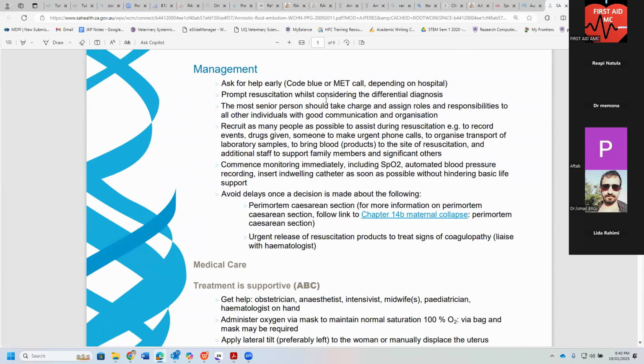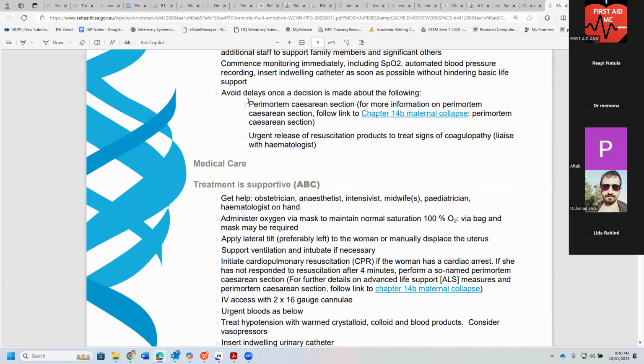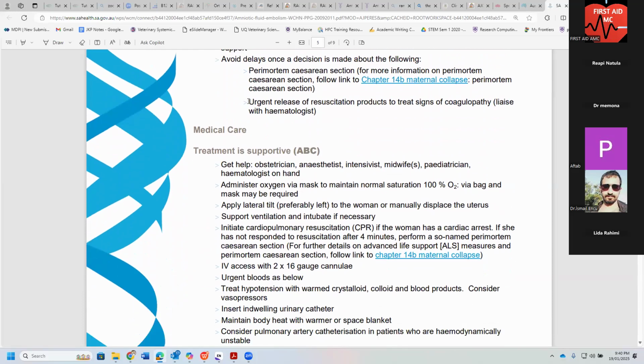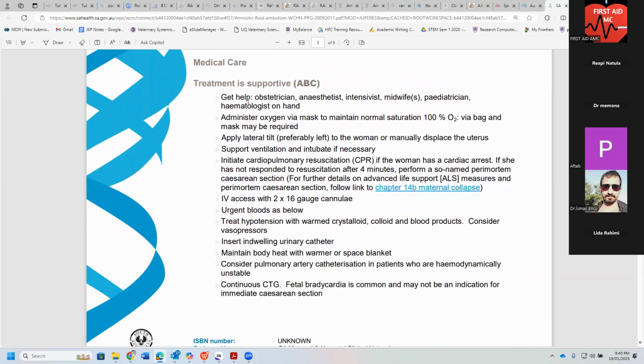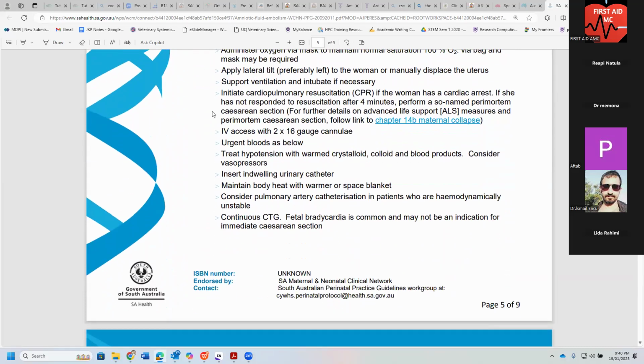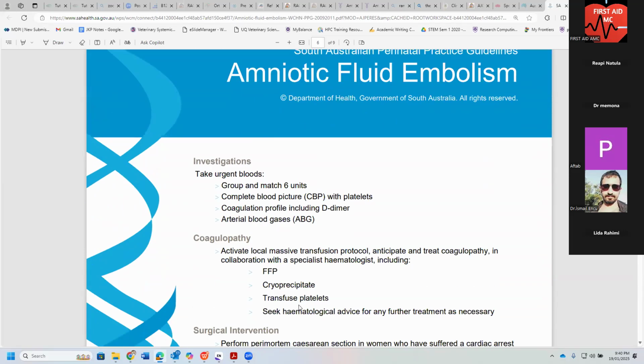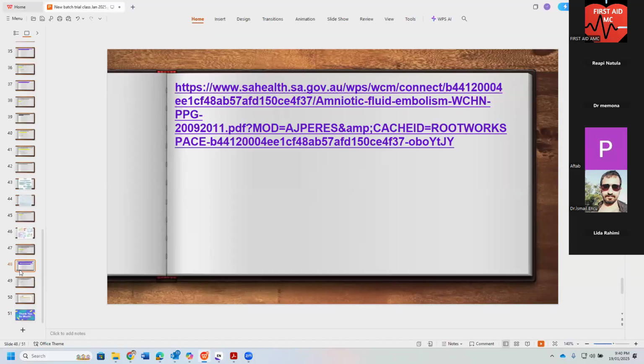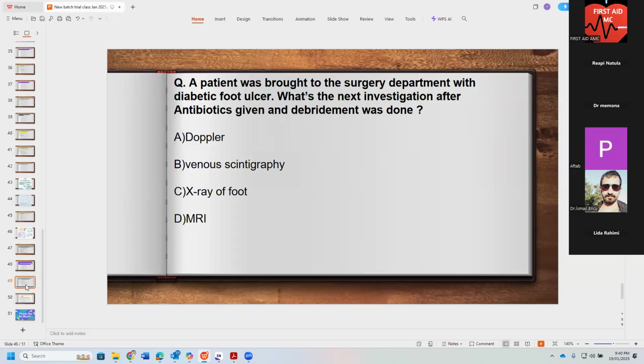Management is that you resuscitate: airway, breathing, circulation, platelet support. It's supportive management basically. You try to treat hypotension, you try to treat coagulopathy, and you make sure you are giving fluids to maintain her blood pressure as well. If it is clotted blood, then go for retained placenta. If there is no DIC, then it's less likely to be amniotic fluid embolism. Okay?